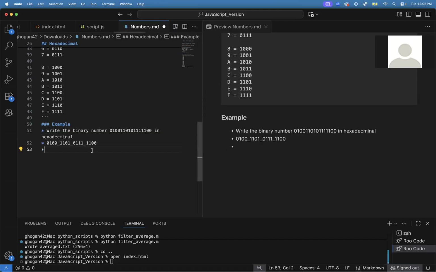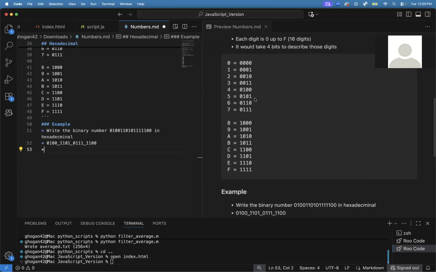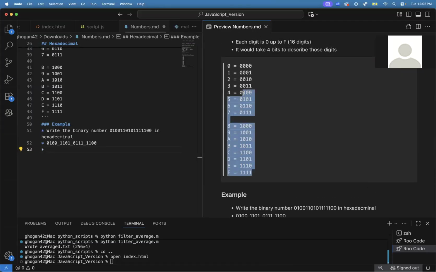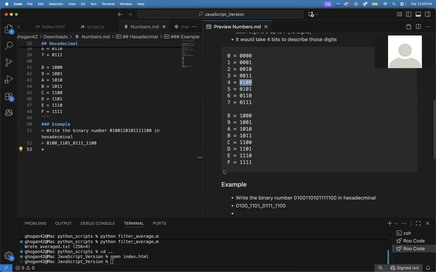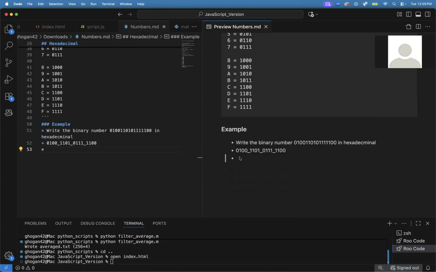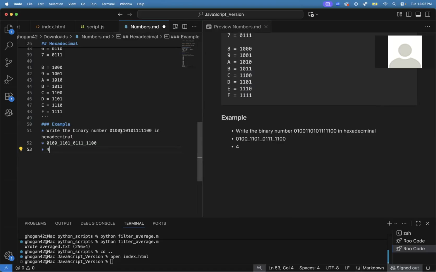So this first one here, the one that's 0100, you just look up 0100. And I find it right here. 0100 is a 4. So you say that first digit is a 4. And then the next digit is 1101. So you look for 1101.